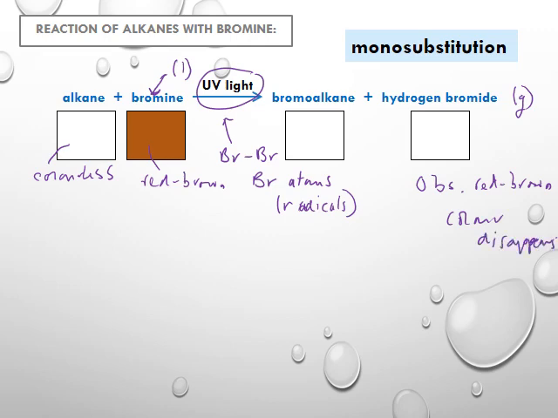Nice GCSE example. Let's just start with, well, we could start with CH4, but let's do ethane, C2H6. So all that happens, it's got the Br, single covalent bond between the two.